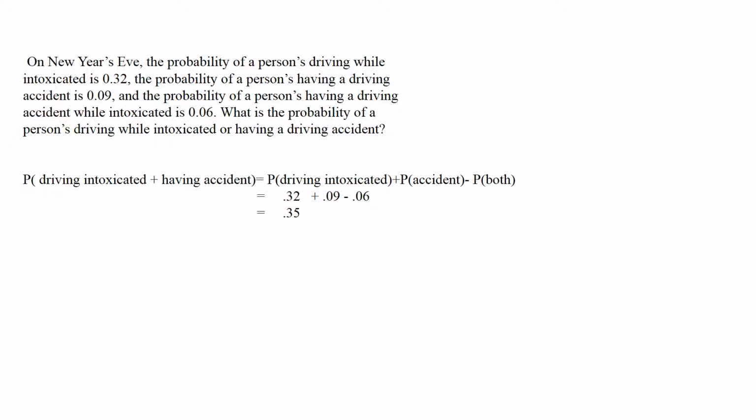This is also an OR problem. The probability of driving intoxicated is 0.32. The probability of having an accident is 0.09. There is overlap, that is, the probability of both happening together is 0.06. The answer is 0.32 plus 0.09 minus 0.06 equals 35 hundredths.